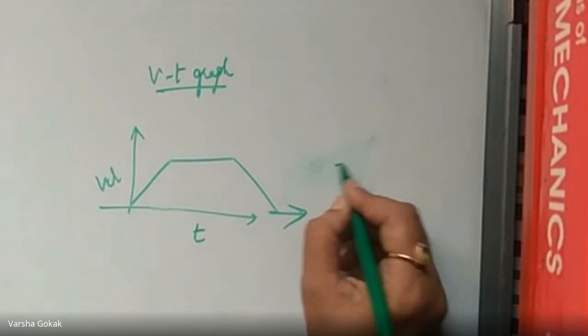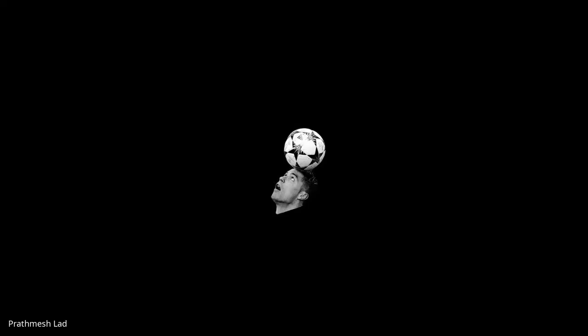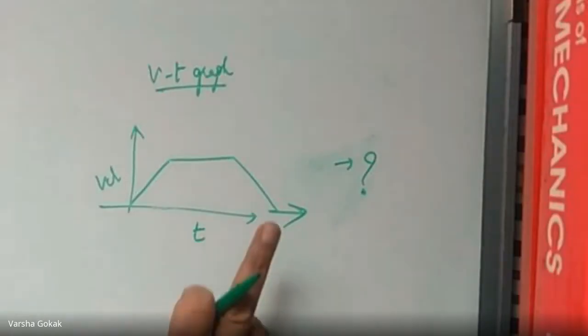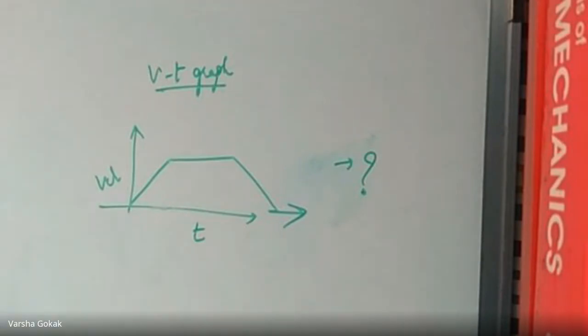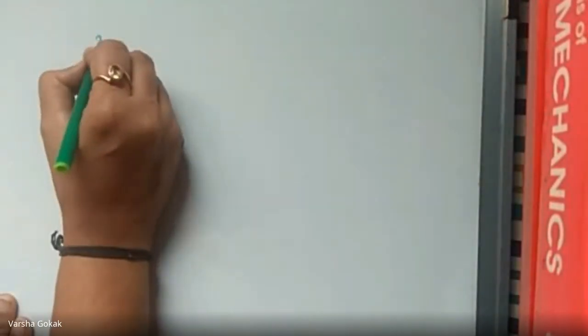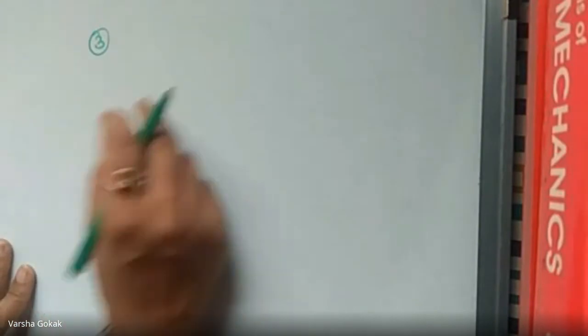This is called the VT graph. So we have the next set of examples with respect to this VT graph. You have done it, but that doesn't mean I'll not teach. I will still teach the basics also, but this is something you have done in your PUC. Third example for the day.